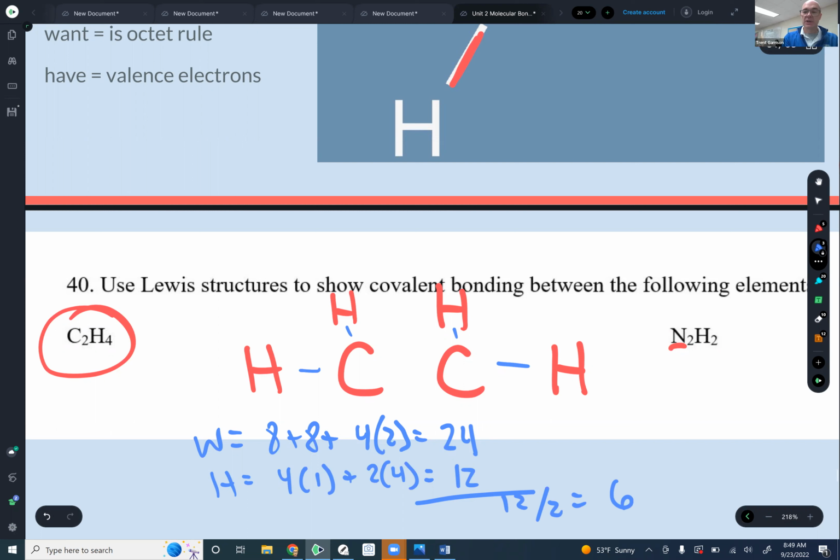So I have 1, 2, 3, 4, 5, 6, 7, 8, or I have 4 bonds. So that means I need to have a double bond in between here. 1, 2, 3, 4, 5, 6. I had to have 6 bonds. I needed those 2 in between there, and you would not have known that unless you did the math to show me that.